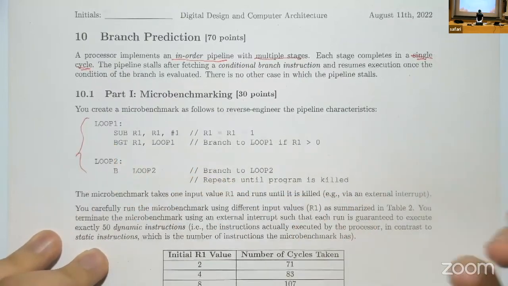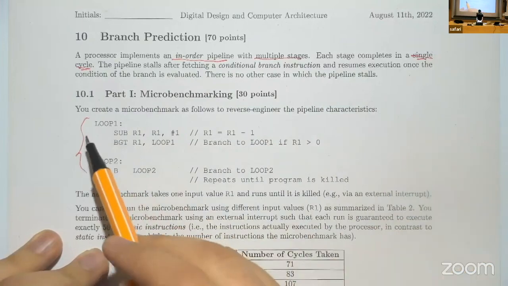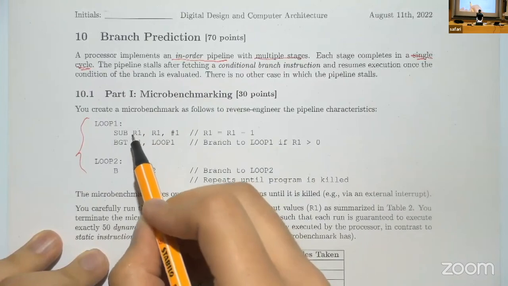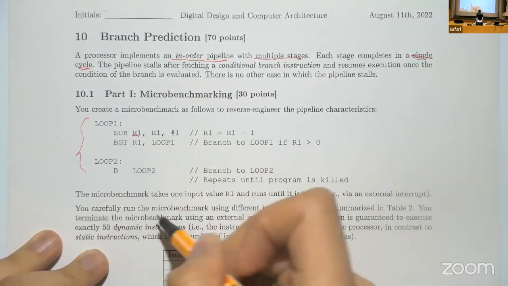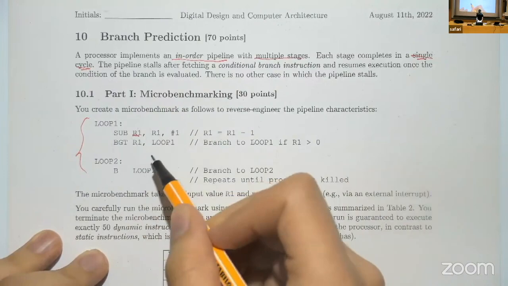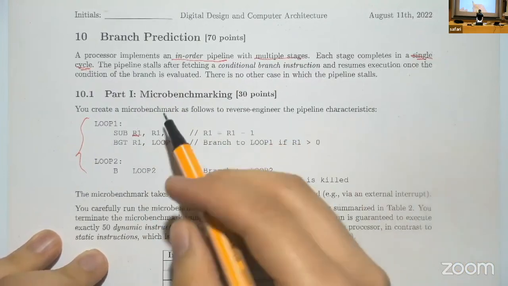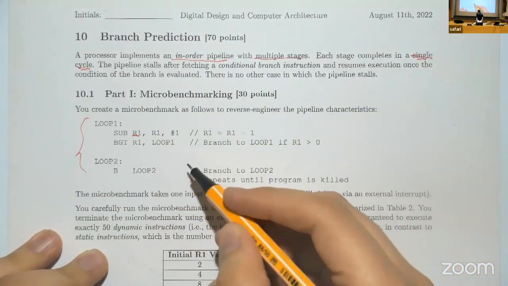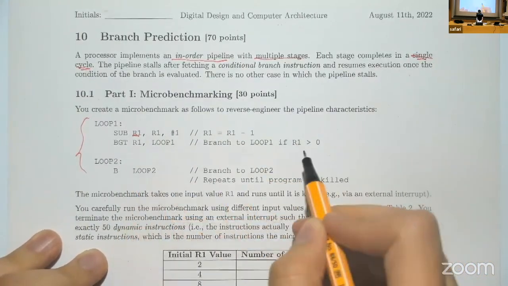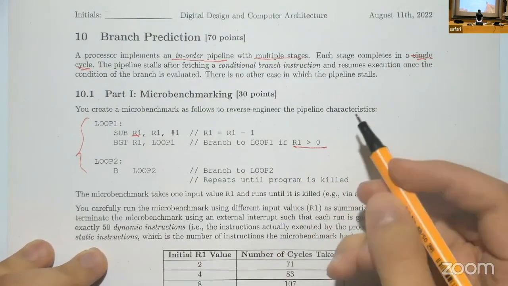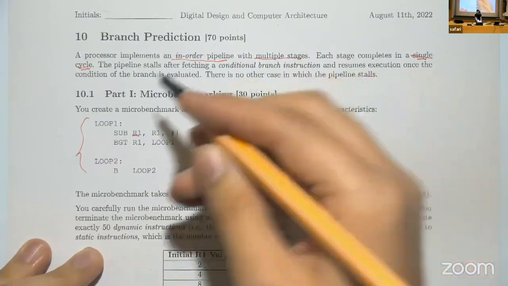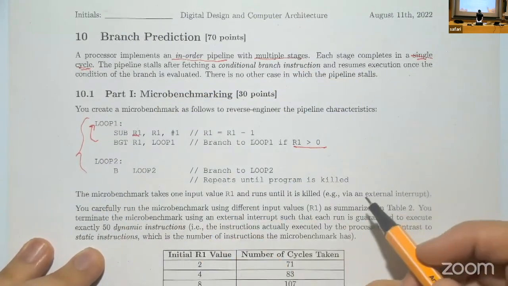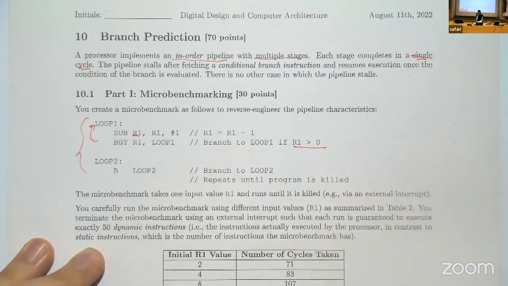Here we have a code with two loops. One loop depends on the value of register R1, and we subtract 1 from R1 in each iteration and check if it's greater than 0. If it's greater, we go back to the loop. The second one is not important because it's not conditional.